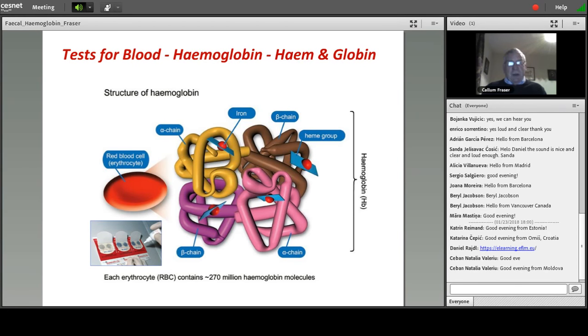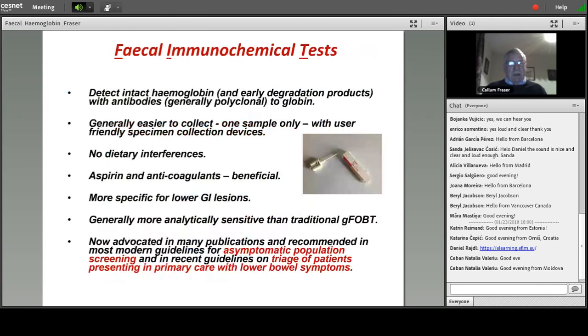But what we are more interested in is fecal immunochemical tests. And fecal immunochemical tests detect intact hemoglobin in the feces and its early degradation products with antibodies, generally polyclonal, and these are antibodies to the globin moiety of the hemoglobin, to epitopes on the globin. FIT have many advantages.